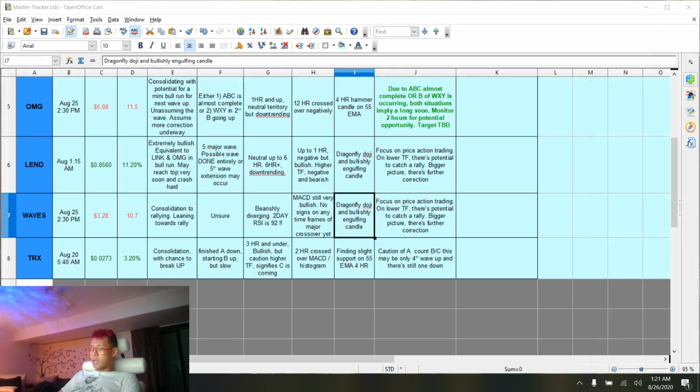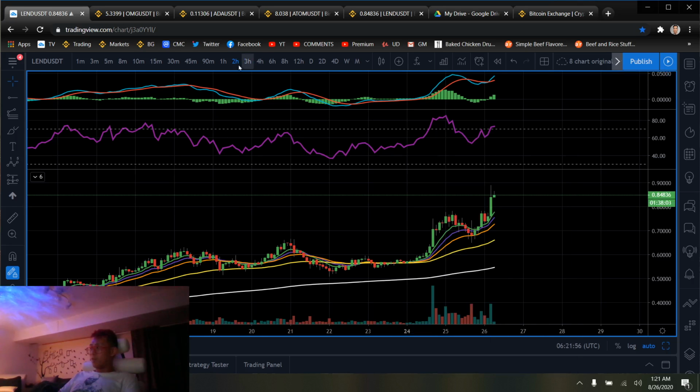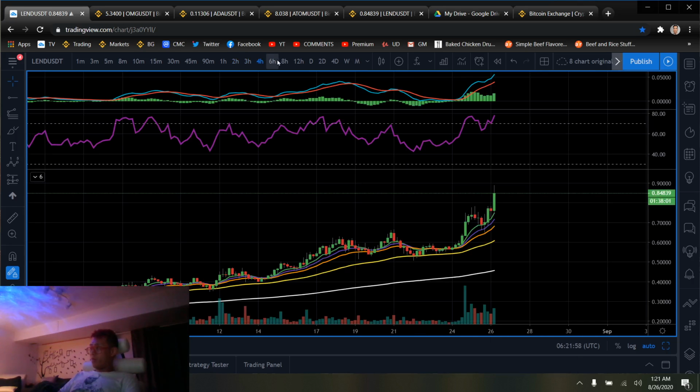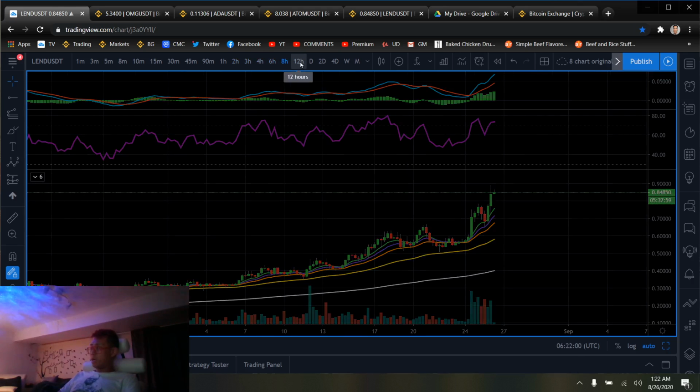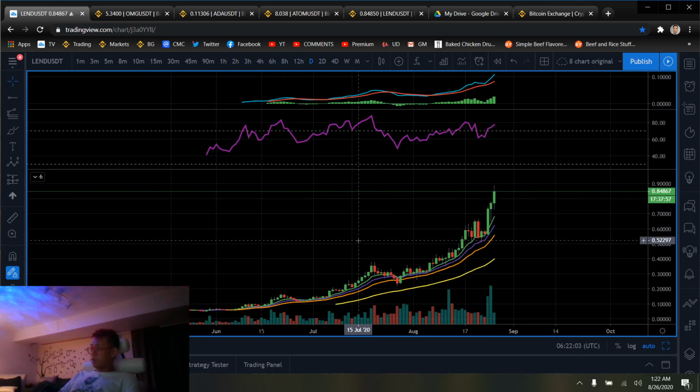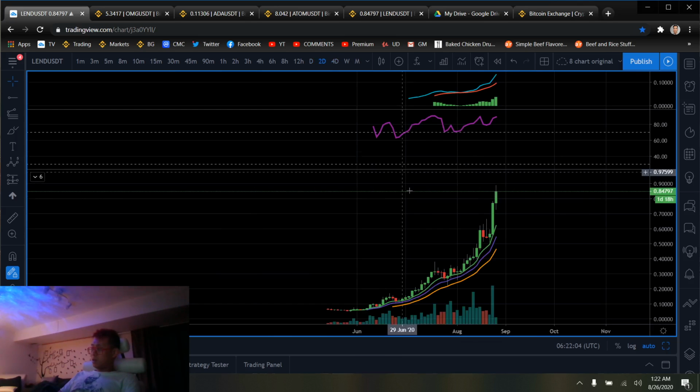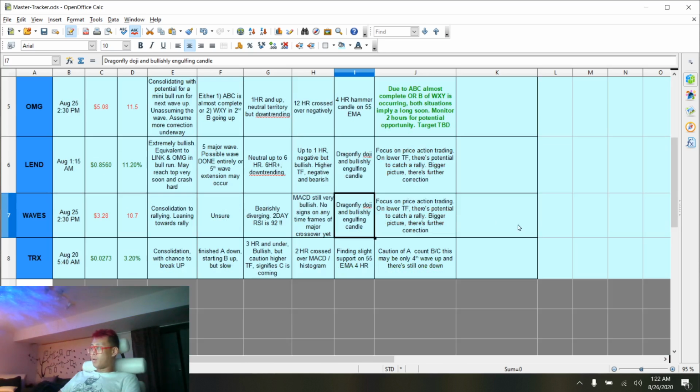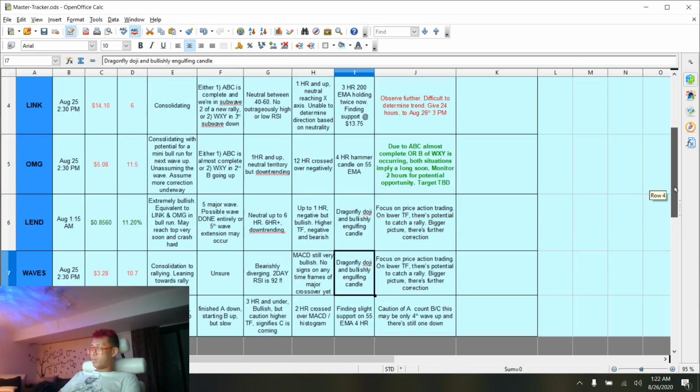Price action is all bullish across the board on every single candle: 2 hour, 3 hour, 4 hour, 8 hour, 12 hour, daily, 2 day, everything. So that means it's going to be a sharp drop. The doji is very bullish. All time frames, no momentum loss.